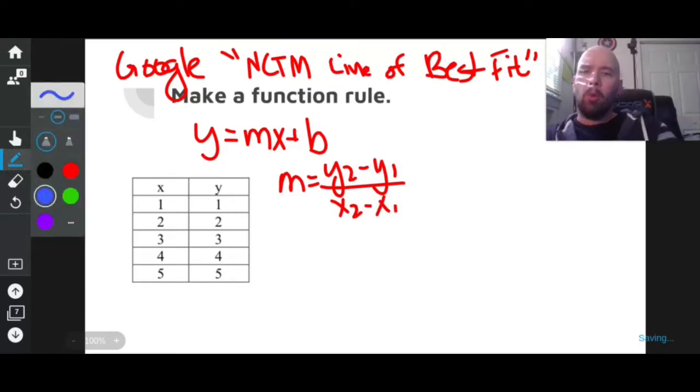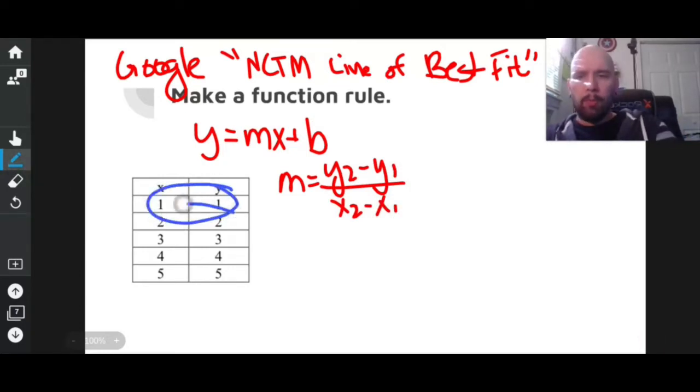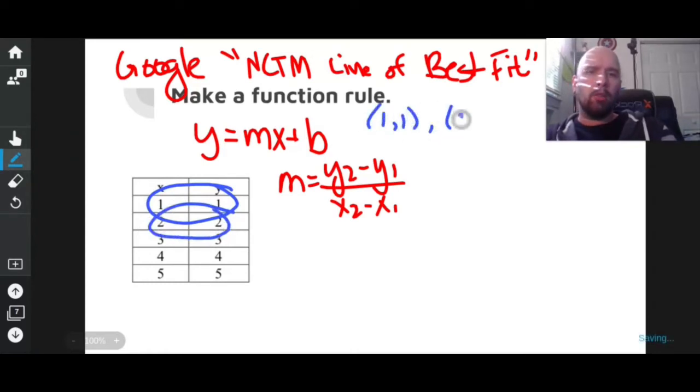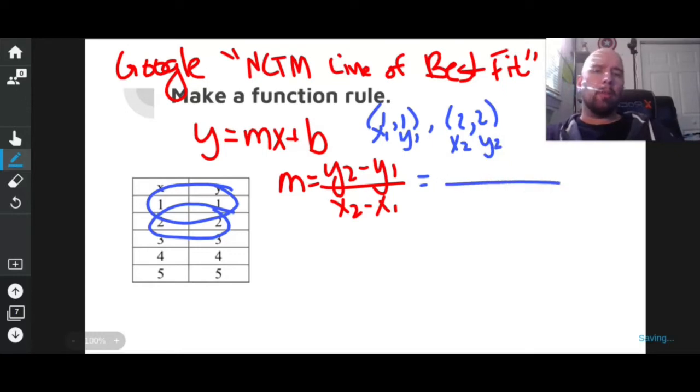I'm going to pick 2 points, (1, 1) and (2, 2). In order for me to find my slope, I'm going to label those points x sub 1, y sub 1, and x sub 2, y sub 2. And then I just plug everything in.